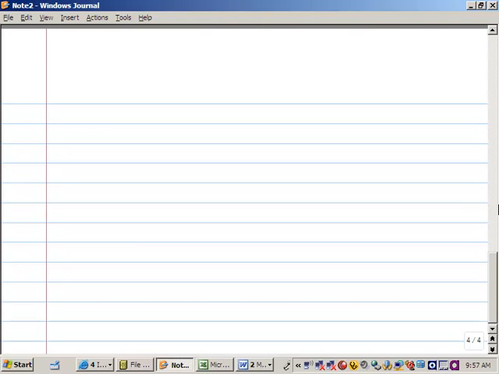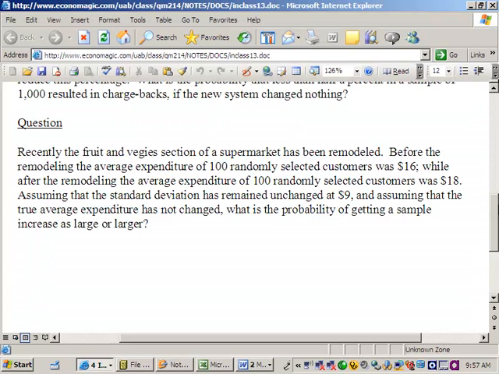Let's look at a problem involving sampling distribution probabilities with two sample averages. The last one there on this page. This starts off like a previous problem, but now we have two samples. Recently, the fruit and veggie section of a supermarket has been remodeled. Before the remodeling, the average expenditure of 100 randomly selected customers was $16, while after the remodeling, the average expenditure of 100 randomly selected customers is $18.